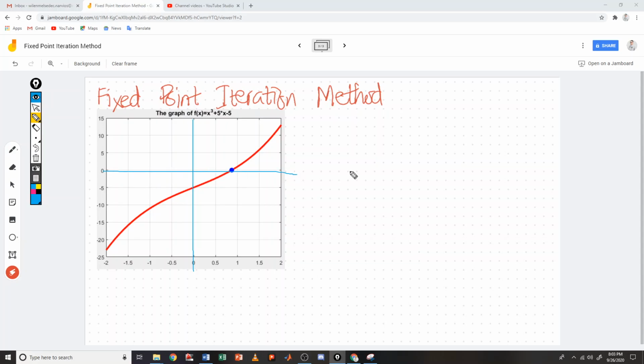As you can see, this is the x-axis, and this is the y-axis. Using the graphical approach, this is the root that we have already defined, which has a value of 0.8688. This lies on the x-axis.